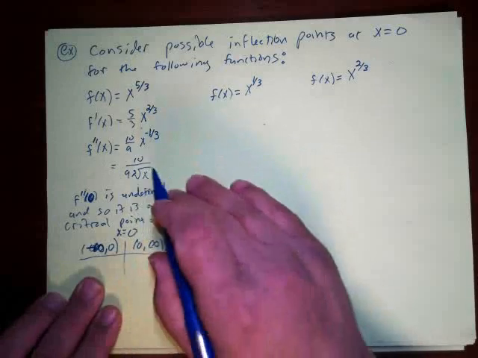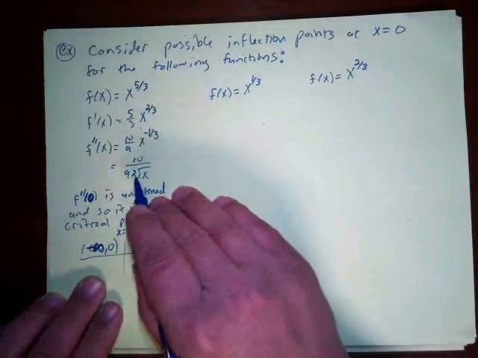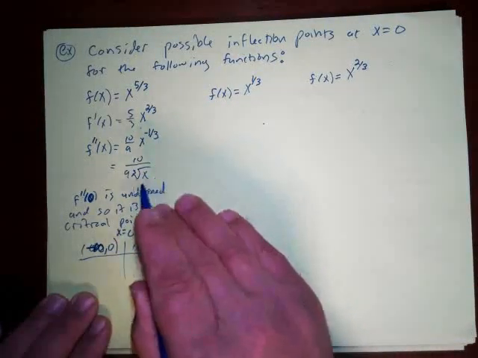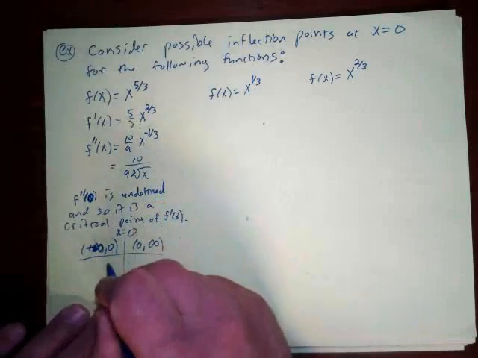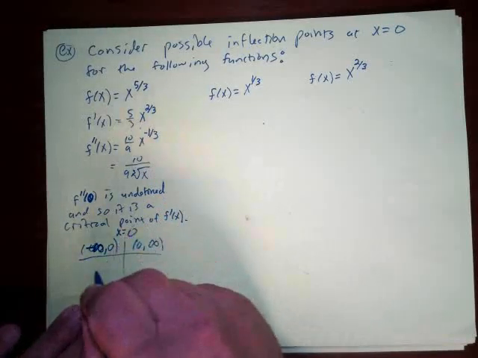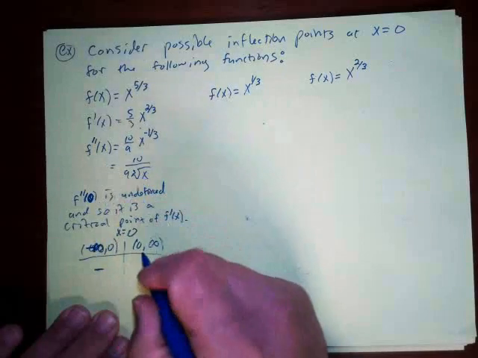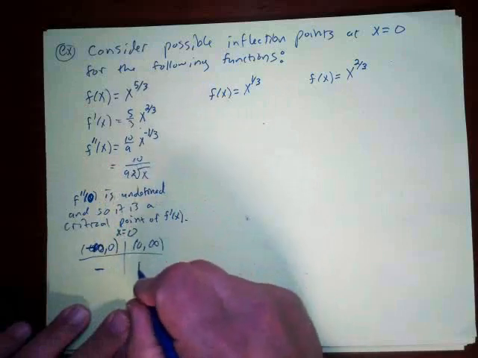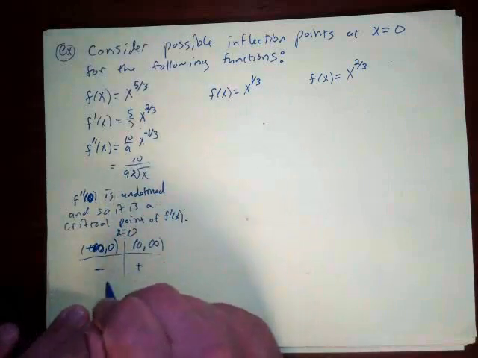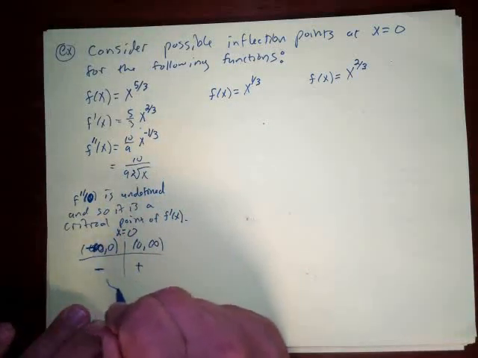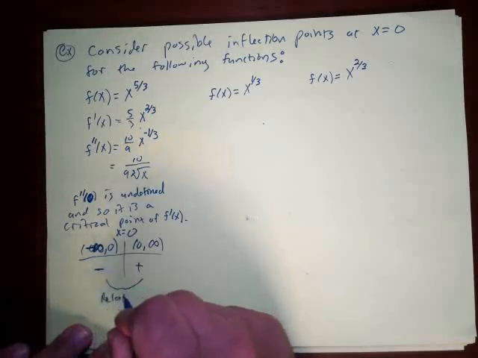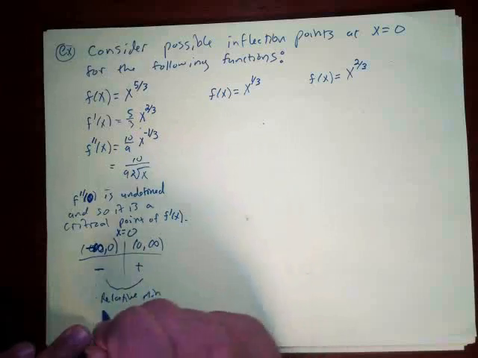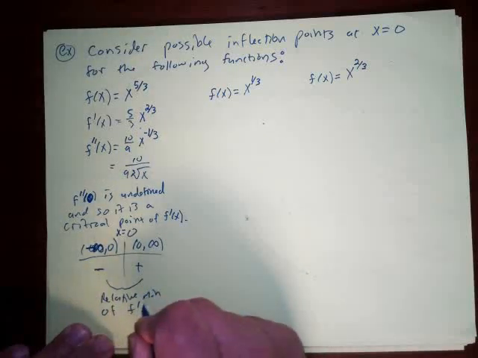And then you could see here with negative values, when you take the cubed root of a negative number, you're going to get a negative value here. And when you take a cubed root of a positive number, this whole thing will be positive. And so this is going from negative to positive, and so it's a relative min of f prime of x.